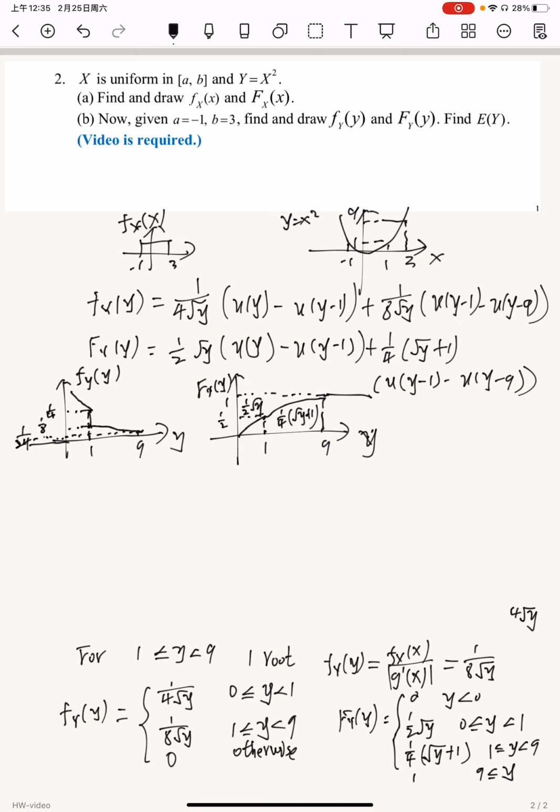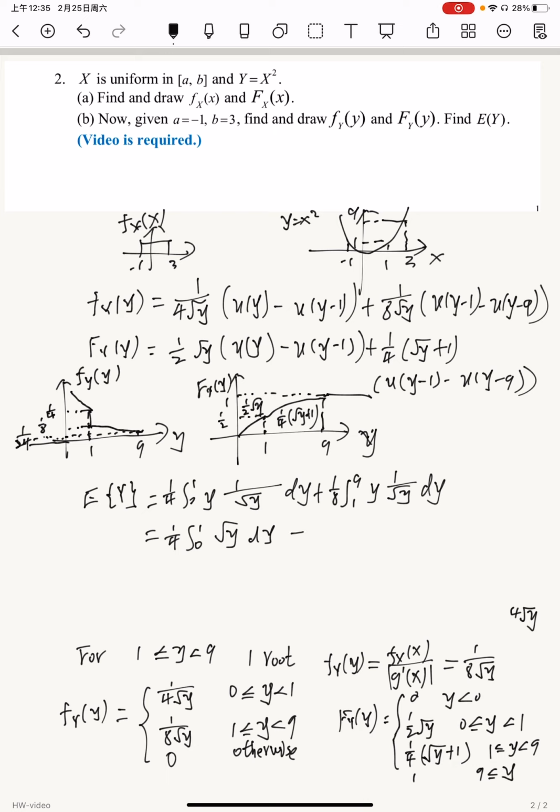And for the next problem, we need to calculate E[Y], which equals 1/4 times the integral from 0 to 1 of y times 1 divided by root y dy, plus the integral from 1 to 9 of 1/8 times y times 1 divided by root y dy.